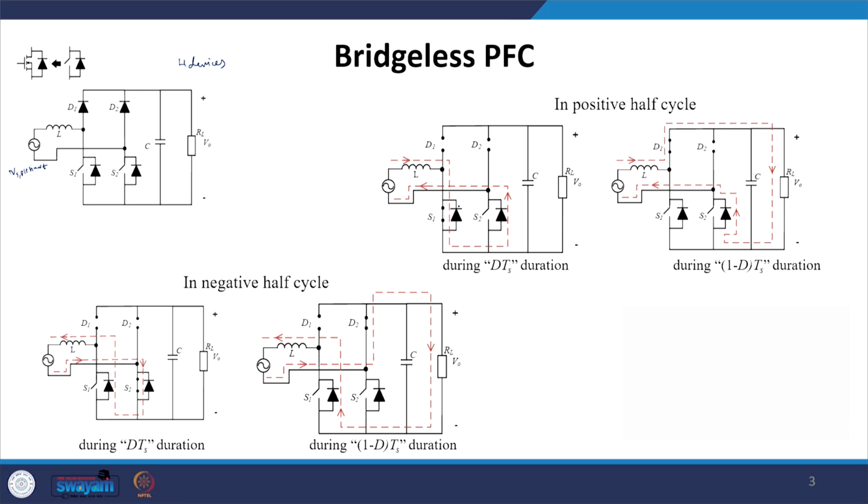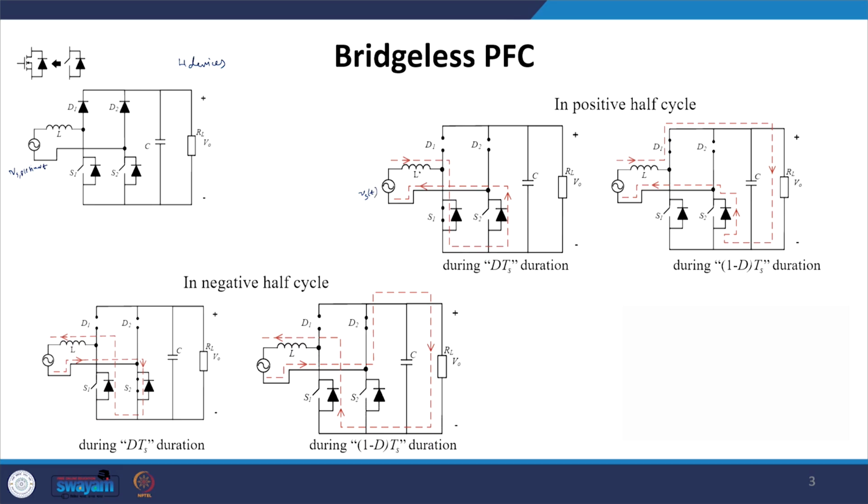So now the MOSFET turns on, the current flows through the inductor, through switch S1 and then the diode of switch S2, and then it goes back to the source, which is nothing but Vs of t, defined as Vs peak sin omega t.